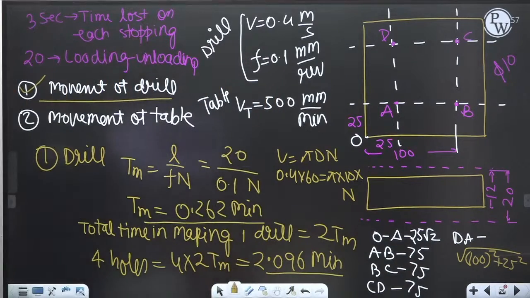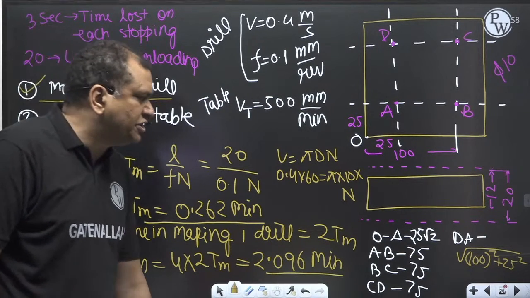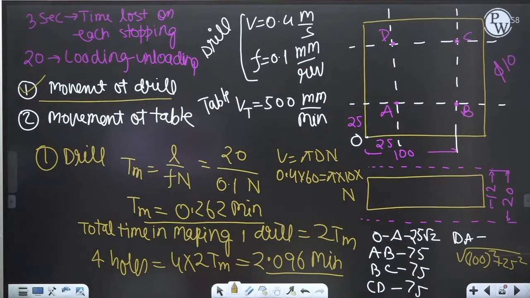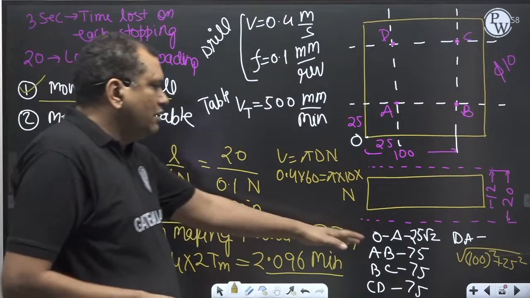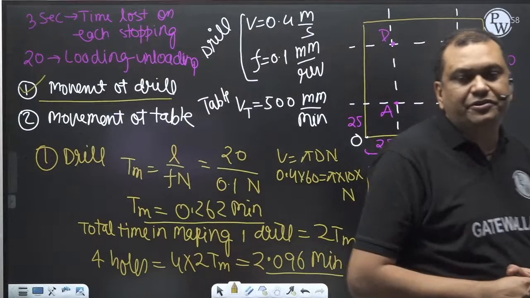Is that okay with everyone with the total movements? Calculate the total movement. Giving you 1 minute free time. How much is the total movement in millimeters for the table?